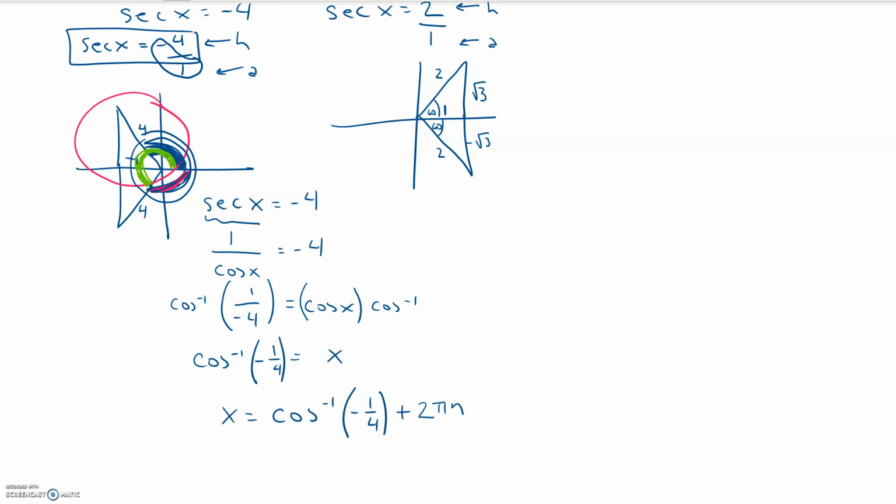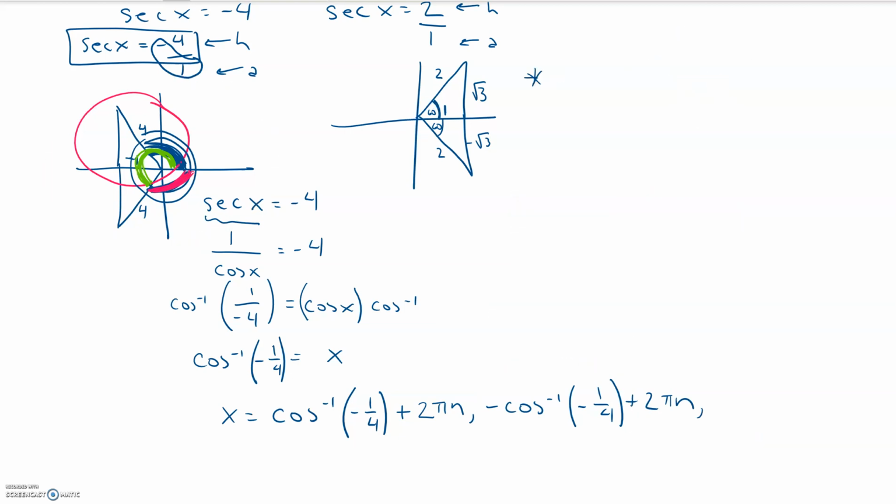We have two possible answers. They both work. They both solve the equation. The first one is positive cosine inverse -1/4, and then full spins around the circle. The next one is a negative cosine inverse -1/4, and it also has full spins around the circle.